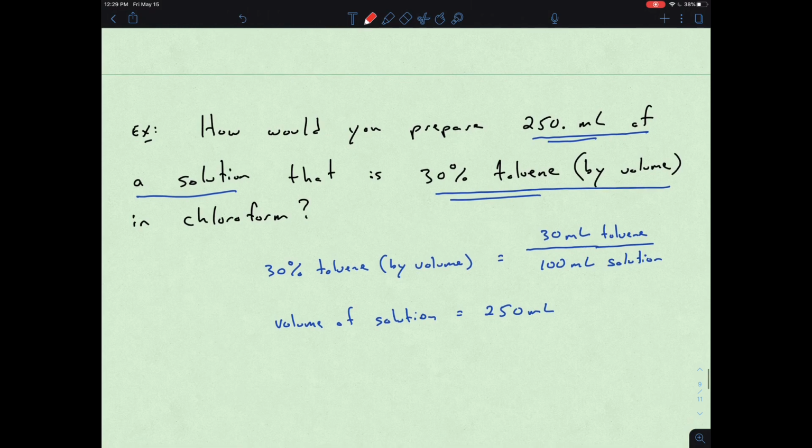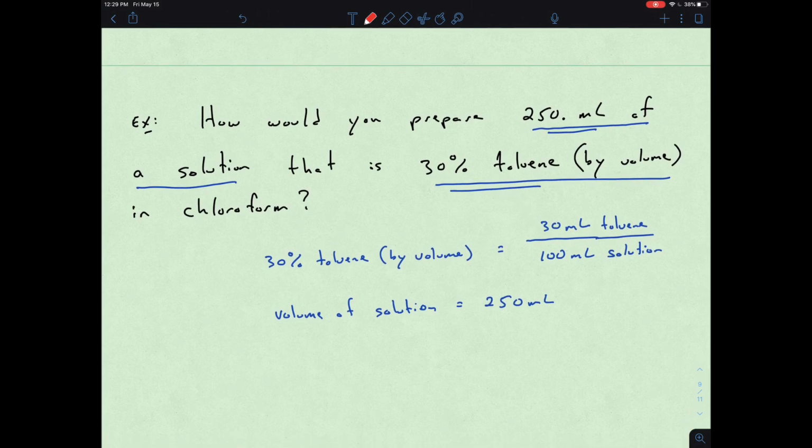We can use this as a simple conversion tool. We want to know the volume of the toluene, so we know how much to measure out in creating the solution. Our measurement is 250 milliliters of solution.